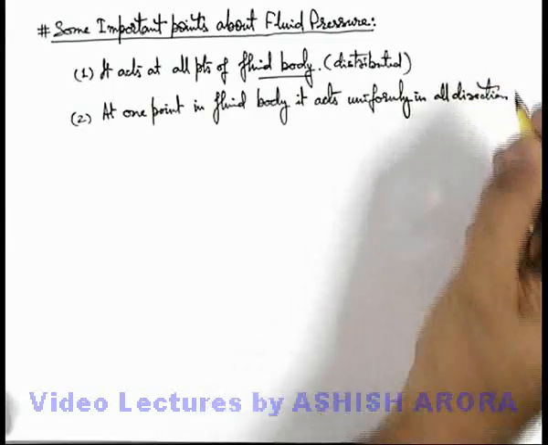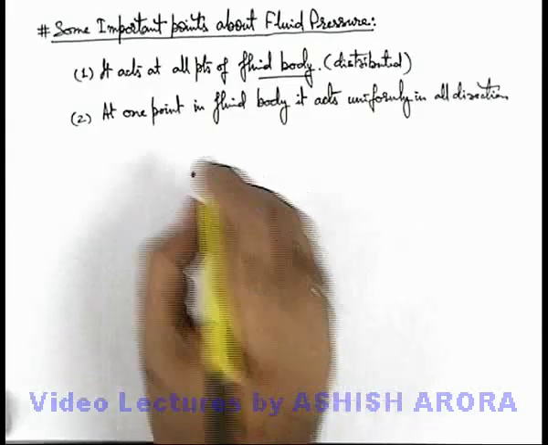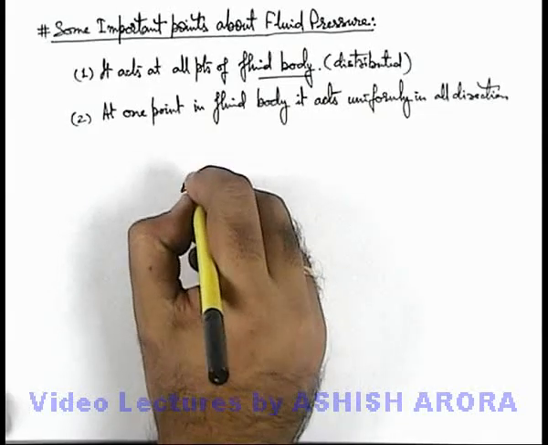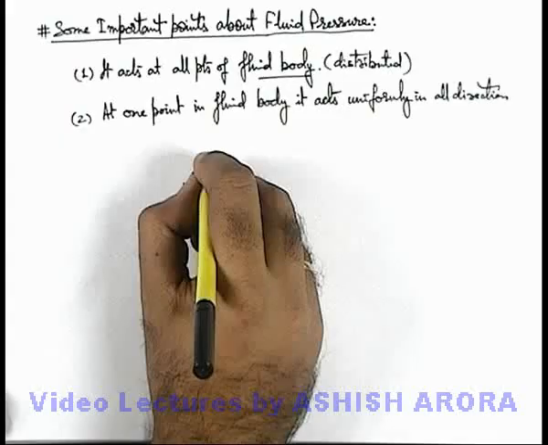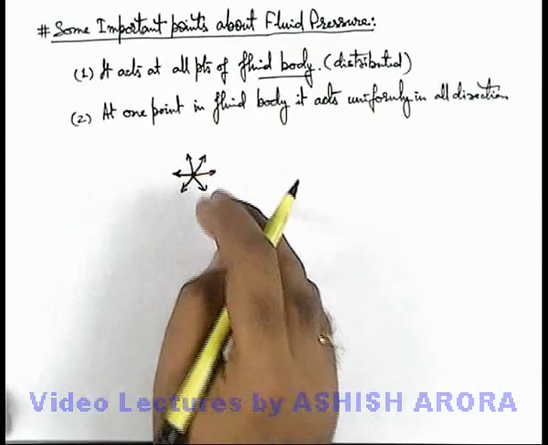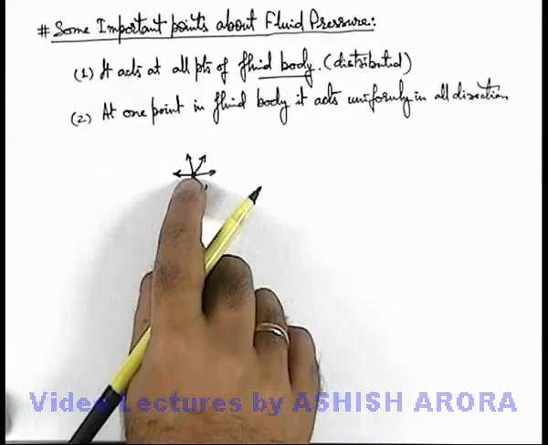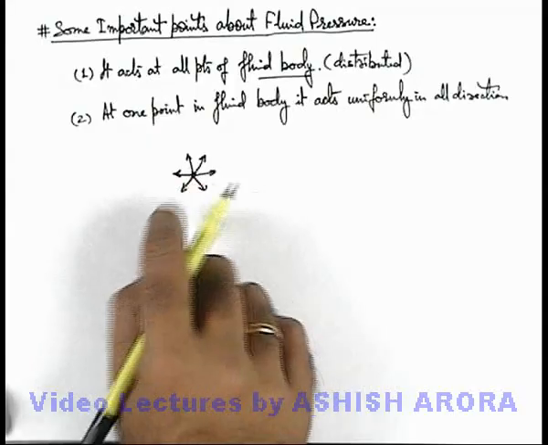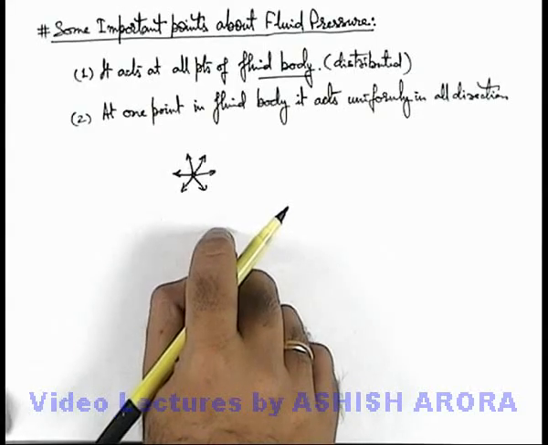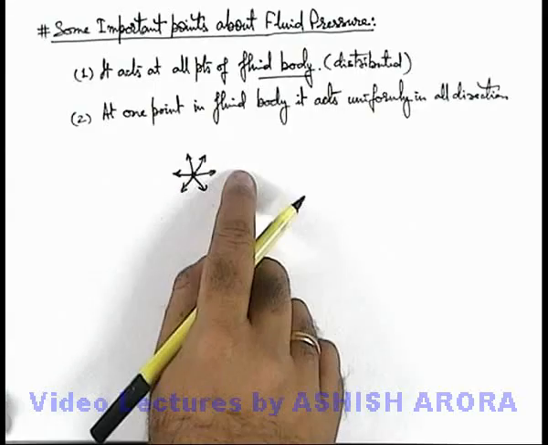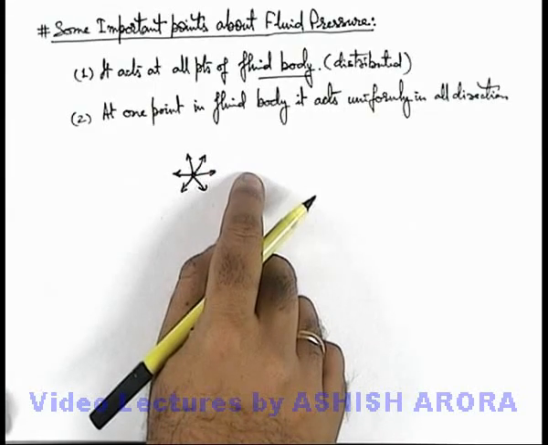The concept is to understand that if fluid pressure is acting at a point, then from all of its neighboring particles it is being pushed, or you can say the particle will be compressed inward. So pressure will act at every point in all directions, due to which if it is in contact with any other particle, it will also exert a force on that.